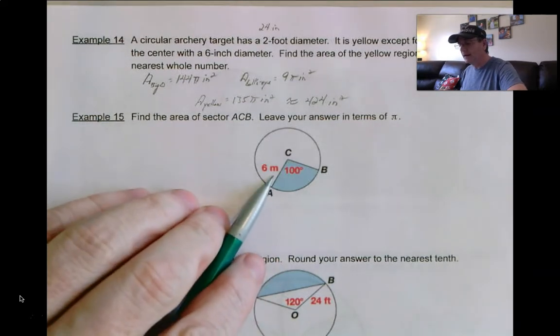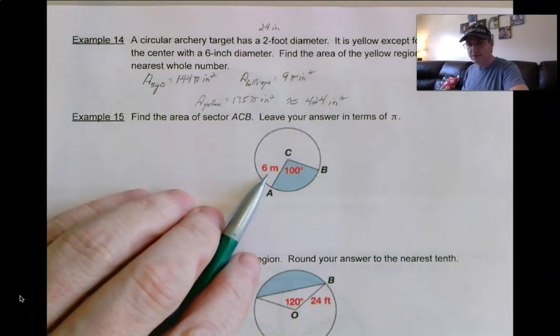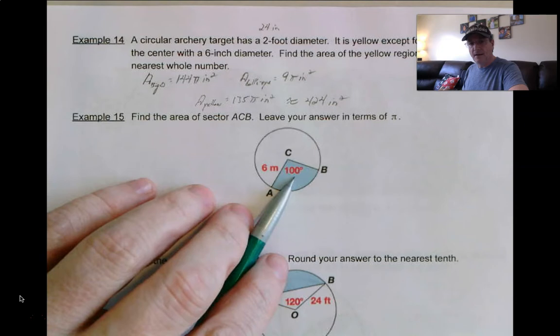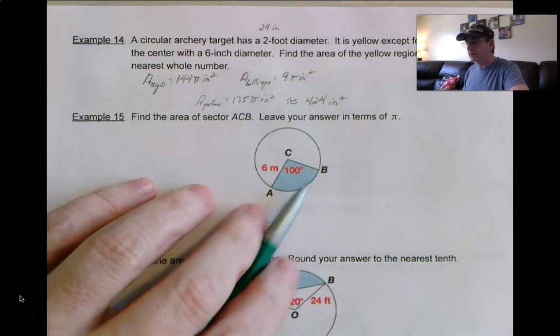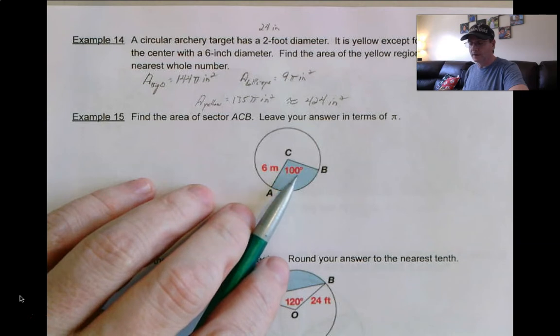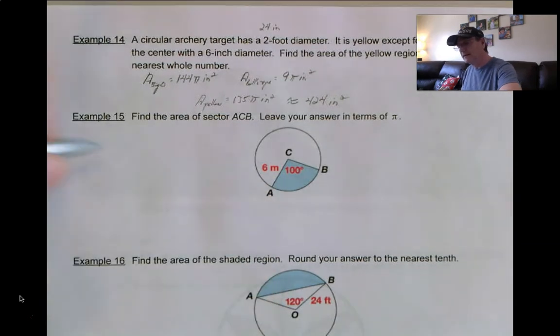So we have an area of the whole circle is 36 pi, and we have a 100-degree angle, an arc. So that's going to be 100 over 360, 10 over 36, 5 over 18.